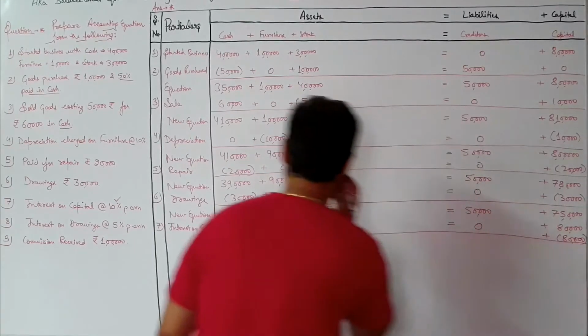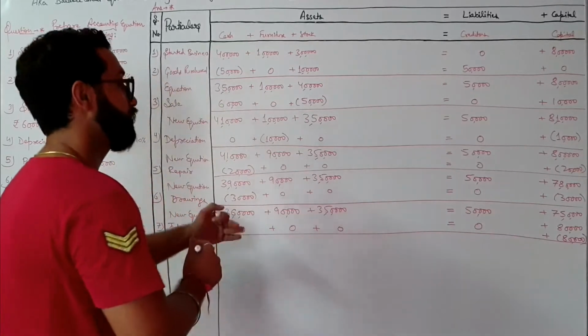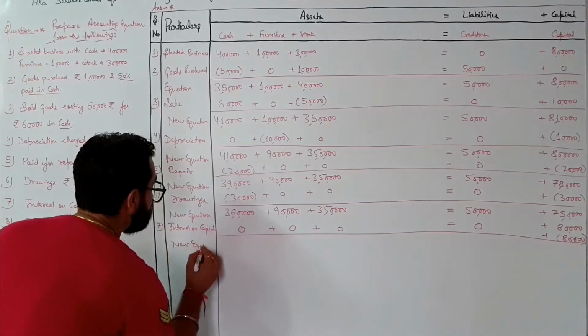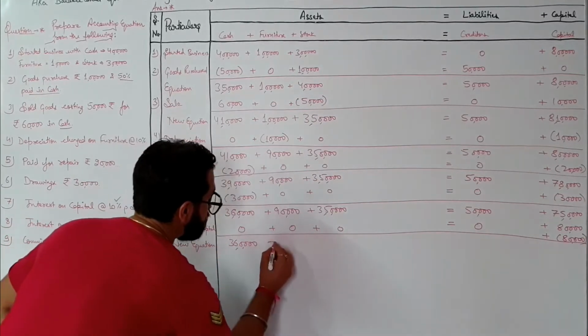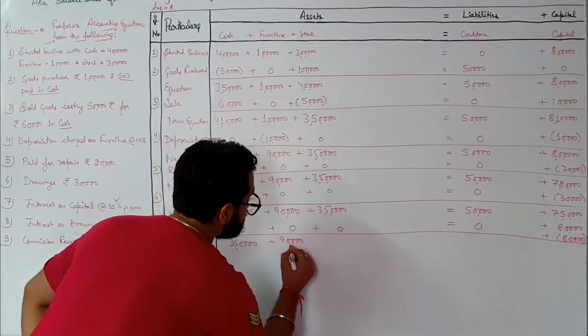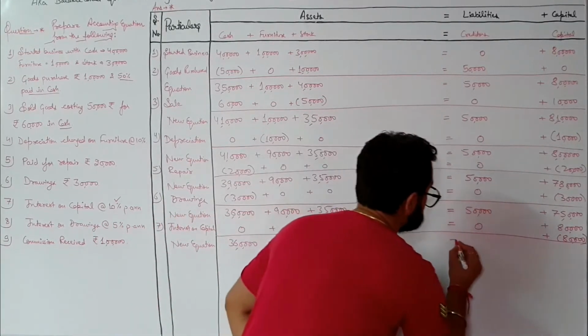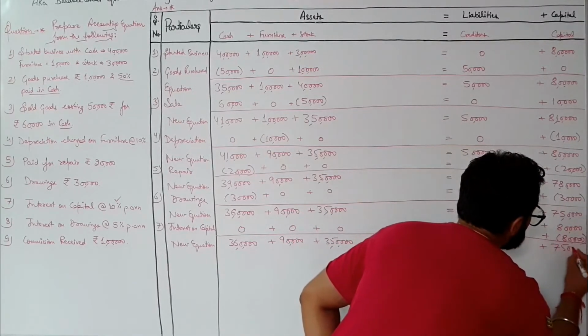So zero effect, zero effect, zero effect, zero effect. Technically, the whole equation has a zero effect. 3,60,000, 90,000, 3,50,000, 50,000 and 7,50,000.